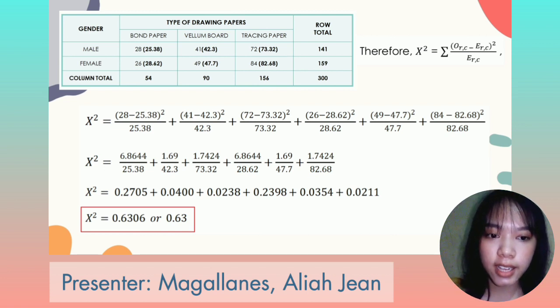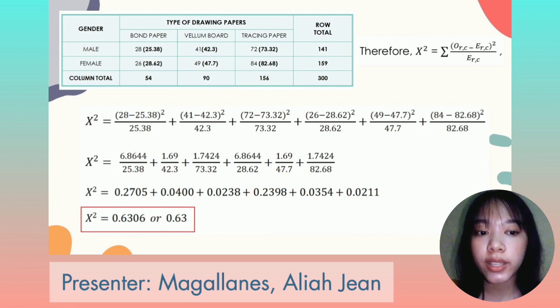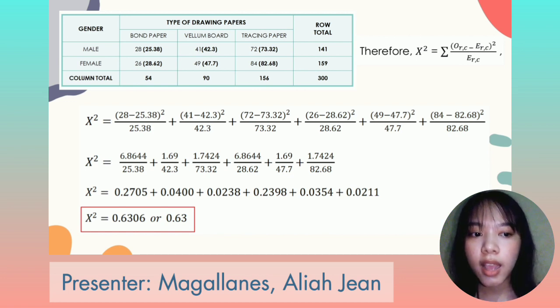which then gives us x squared equals 6.8644 over 25.38 plus 1.69 over 42.3 plus 1.7424 over 73.32 plus 6.8644 over 28.62 plus 1.69 over 47.7 plus 1.7424 over 82.68.